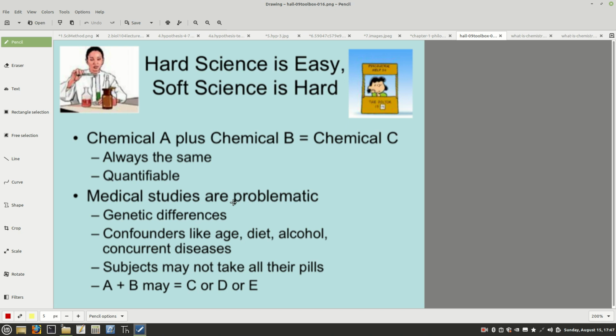There are all kinds of things that make it difficult to use living organisms, and so that will reduce the hardness, as we say, of the science. And if you want to think about sciences that are not hard sciences, the soft sciences have a hard time doing experiments. So, for instance, astronomy. Can you go do experiments out with planets and stars?